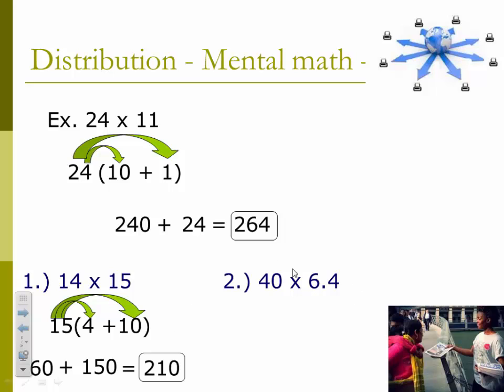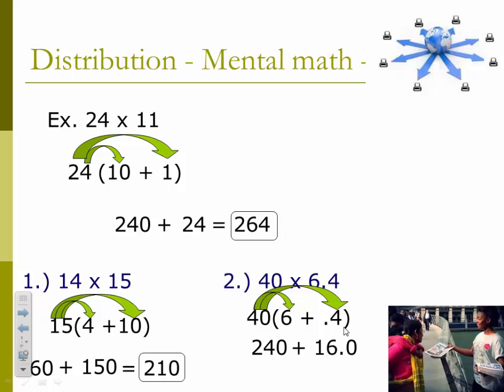Looks like, oh no, we're scared because it's a decimal. No big deal. 6.4 is a whole number 6 and a 0.4. That's it. 40 times 6 we know is 240. 40 times 4, think of this without the decimal for a second. 40 times 4 is 160. Now we have the decimal, so sneak the decimal in one place.